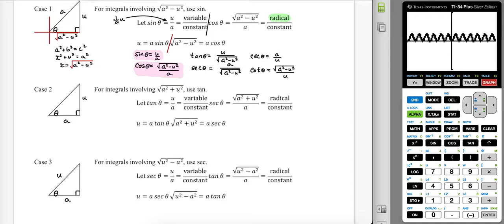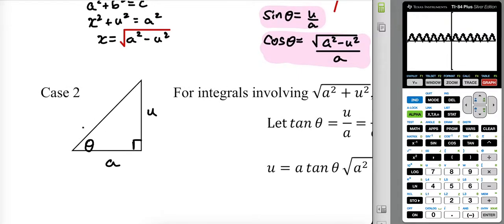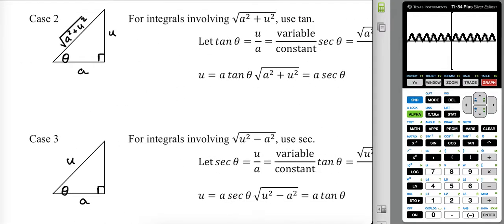You could, if you wanted to, use an arrangement involving cosecant, secant, and cosecant, cotangent, and cosine, but it's not going to make things any easier. Using the Pythagorean identity, I'm going to cut to the chase here. You get the square root of a squared plus u squared, and the square root of u squared minus a squared.